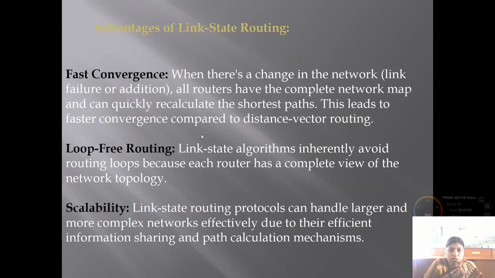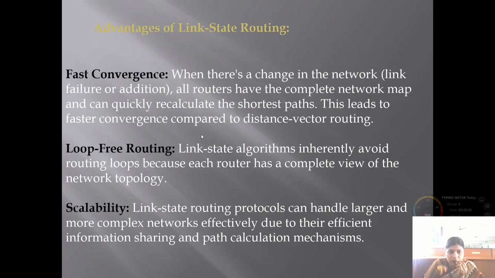The advantages of link state routing are fast convergence, loop-free routing, and scalability. Fast convergence means that when there is a change in the network, all routers have a complete network map and can quickly recalculate their shortest path. This leads to faster convergence compared with distance vector routing.